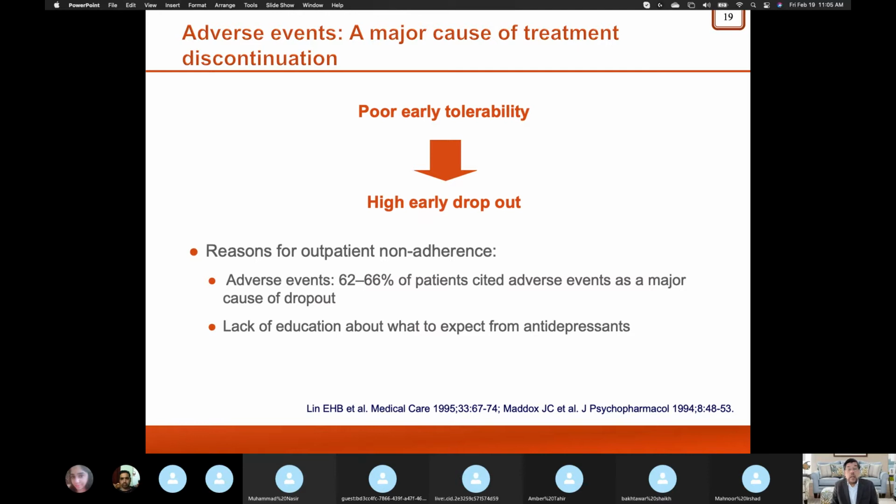They will say, no. I say, how many times do you take paracetamol? Very frequently. Go back and read the side effects of paracetamol. You can die with 20 tablets of paracetamol taken together, but you will not die if you take 20 tablets of escitalopram together. That is the safety of escitalopram or any other drug that I'm prescribing.